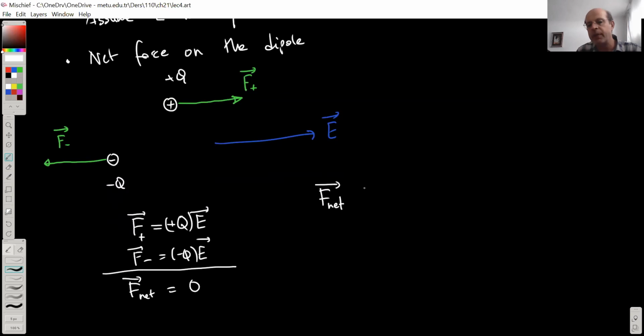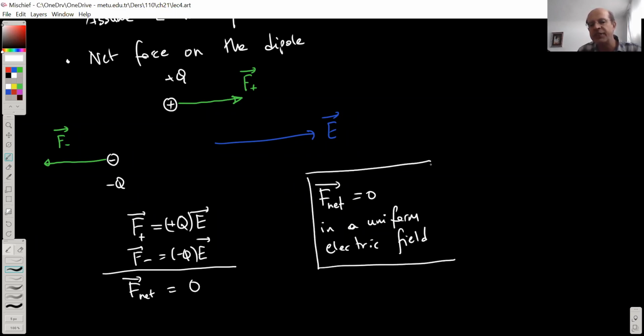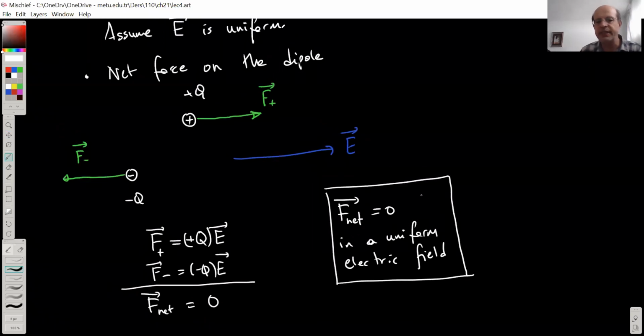There is no force applied on a dipole in a uniform electric field. So the net force on a dipole is always equal to 0 in a uniform electric field. So this might be a little bit confusing for some people because I'm stressing on this uniformity in here.